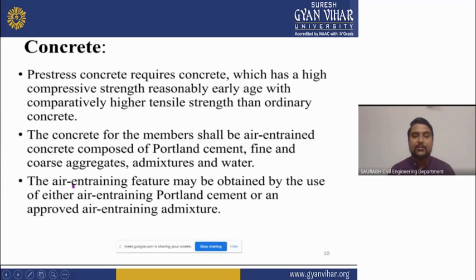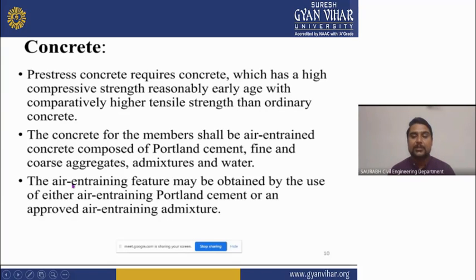Now we will see the concrete for pre-stressed concrete. Pre-stressed concrete requires concrete of high compressive strength, reasonably early age, with comparatively higher tensile strength than ordinary concrete. The concrete for the member shall be air entrained concrete composed of Portland cement, fine and coarse aggregate, admixture and water.